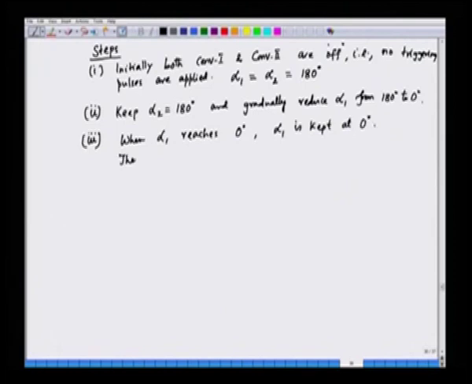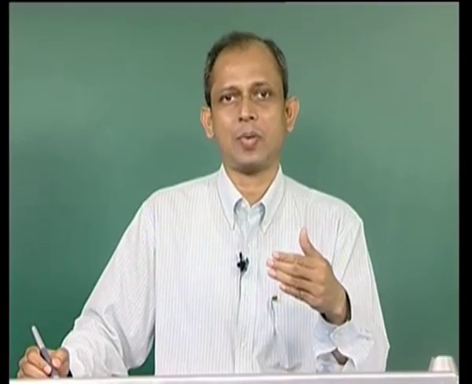Then alpha 2 is controlled from 180 degrees to 0 degrees. So, when alpha 1 reaches 0 degrees, it is kept constant at alpha 1 equal to 0, then alpha 2 is reduced from 180 to 0 gradually.